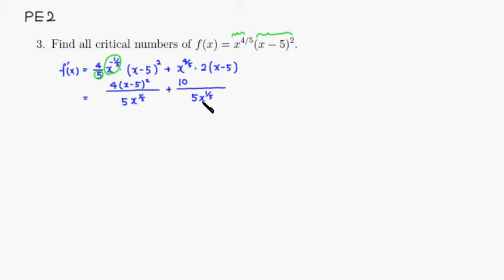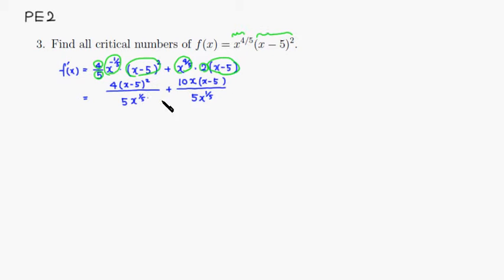Then x to the 1/5 times x to the 4/5 is just x, which takes care of the 2 and x to the 4/5. This has already been taken care of. And then you have x minus 5, so we put that in.